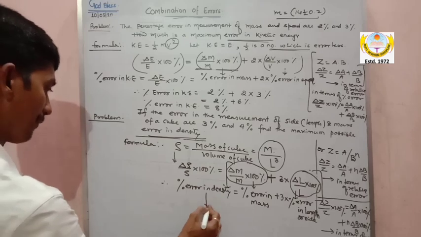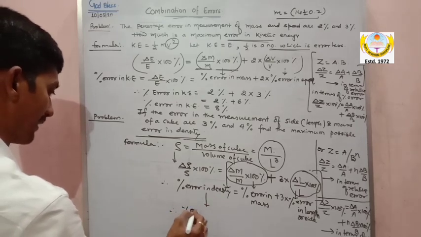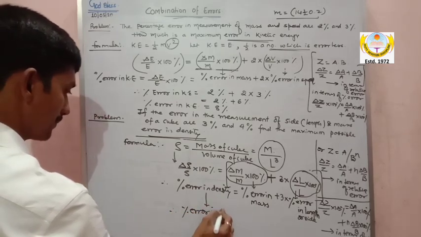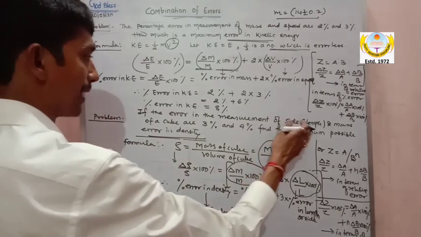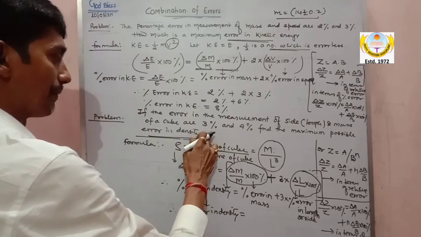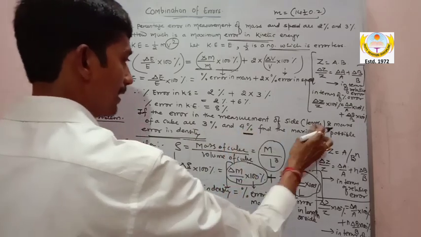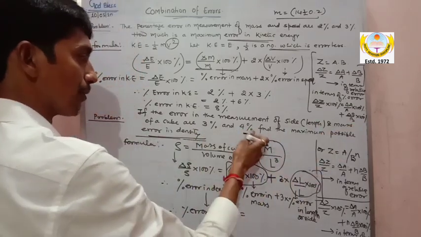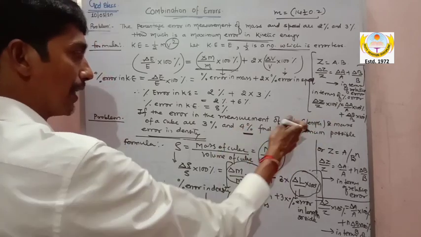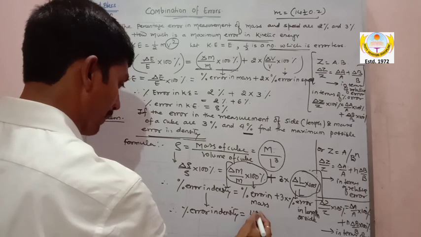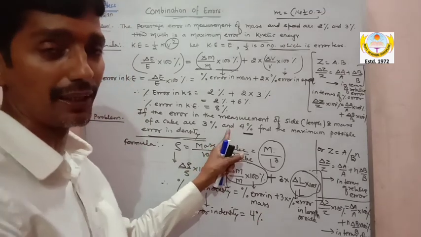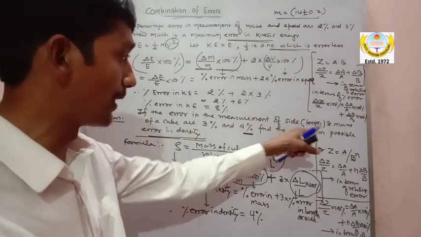So now, my dear, percentage error in density is equal to percentage error in mass, already given. How much is it given, my dear? Length and mass, so 3 and 4. So the percentage error in mass is 4% and the percentage error in length is 3%. Don't make this mistake. Sometimes students are not following the order.